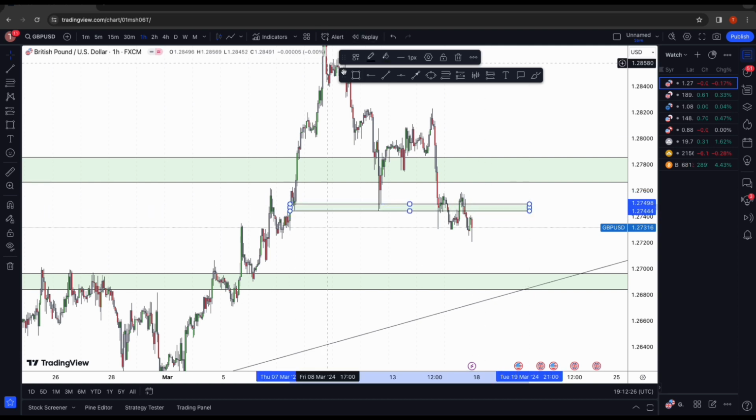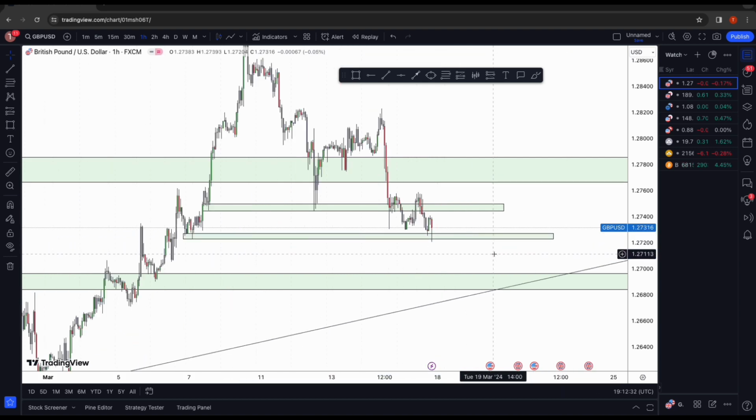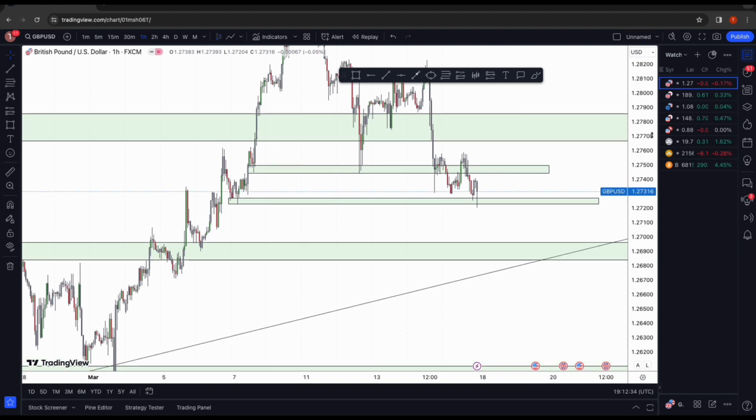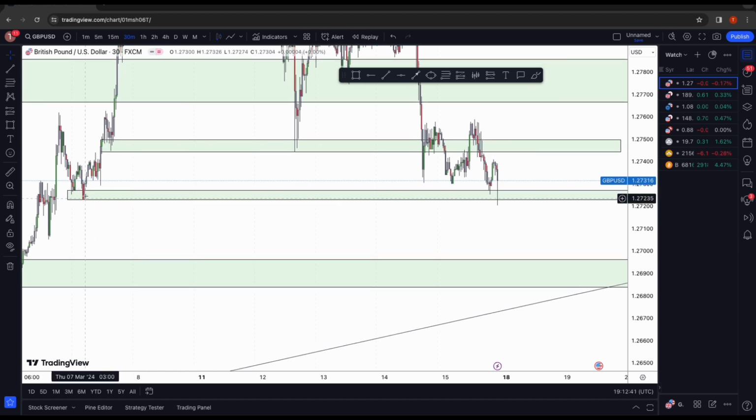Just mark off a couple more zones here. Just trying to cage price in a little bit more. So we had this low here. Price didn't quite take it, and then at the last minute before market close last week, price dipped down into this zone and took out this low here.